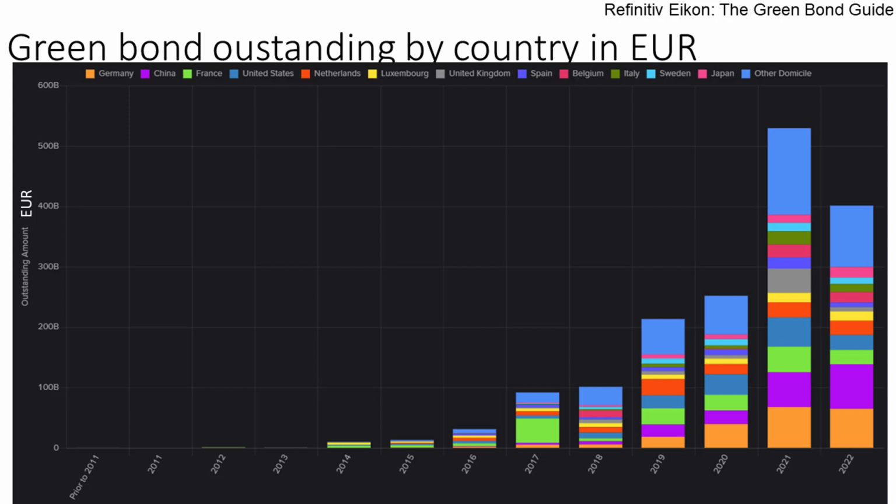Then this is the United States, the blue one. Then we can find Netherlands, Luxembourg, and UK, and Spain, Belgium, Italy, and so on. I tried to download at Eurozone level or EU level, but there was no such breakdown, so only country-wise.